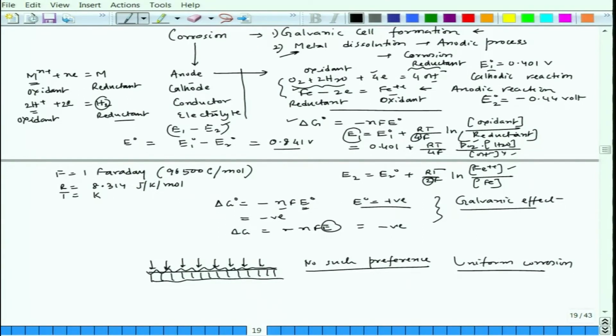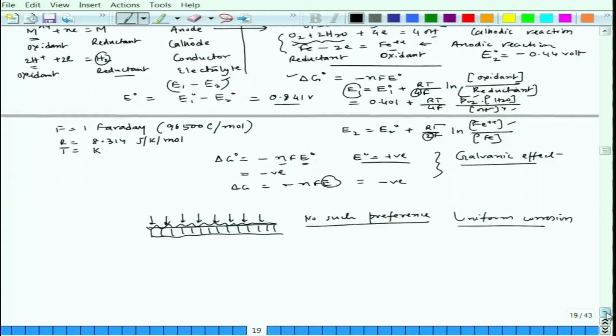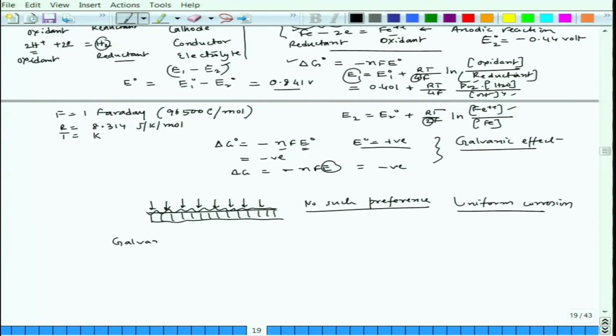But if we come to the galvanic corrosion part only, we would see that the galvanic effect comes specifically, what we call a galvanic effect, when we have preferential locations of cathodes and anodes. Okay. So, this is an extremely important aspect.